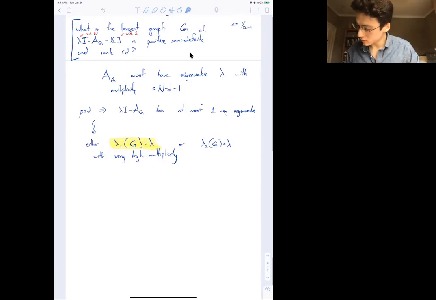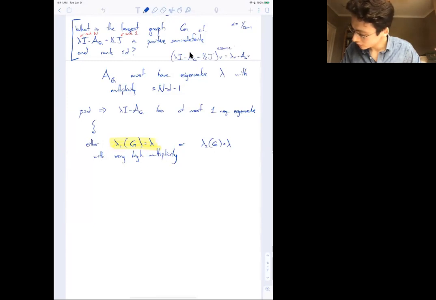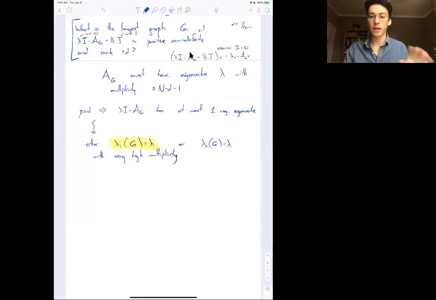If I plug in a vector v on the left-hand side here, I'm going to get lambda v minus A_G of v plus this last term, but let's assume for now that Jv equals 0, which I can do by only losing one dimension.